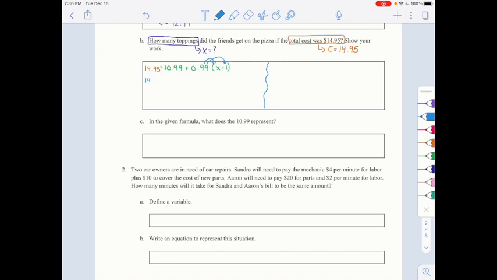So I'm going to have 14.95 equals 10.99 plus 0.99x minus 0.99. So that's what happens when I distribute that. And then I can combine like terms. 10.99 minus 0.99 is 10.